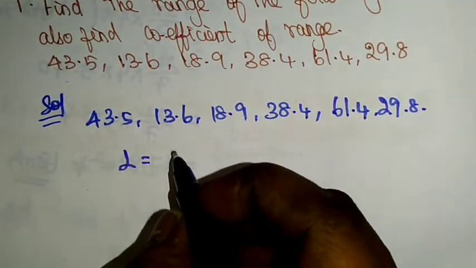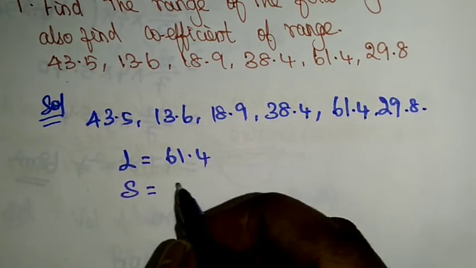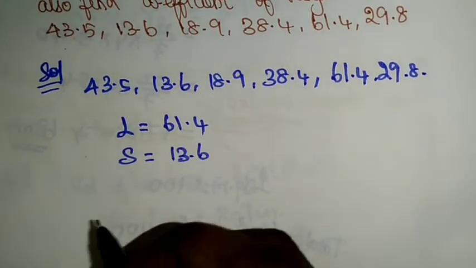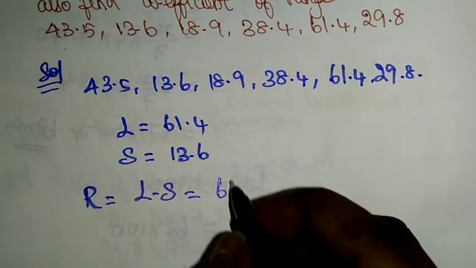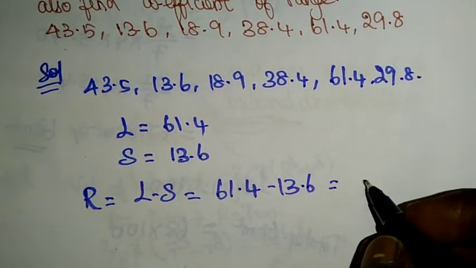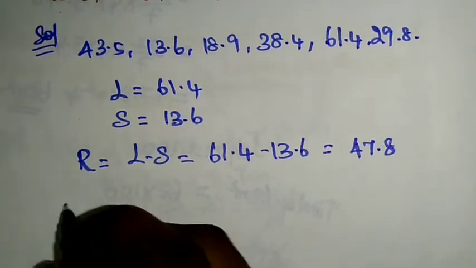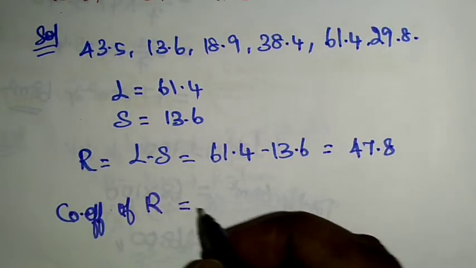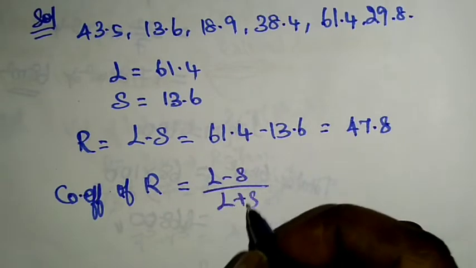Here the largest number L is 61.4 and the smallest number S is 13.6. Now we have to find the range R is equal to L minus S. 61.4 minus 13.6 is equal to 47.8. Now the coefficient of range is equal to (L minus S) divided by (L plus S).